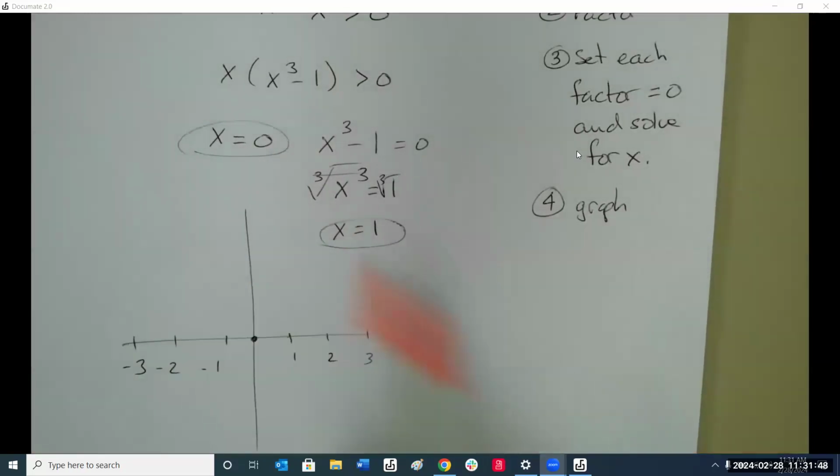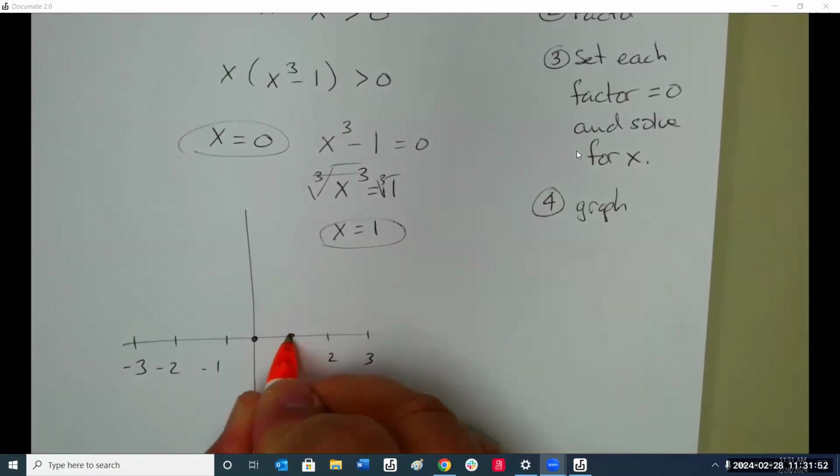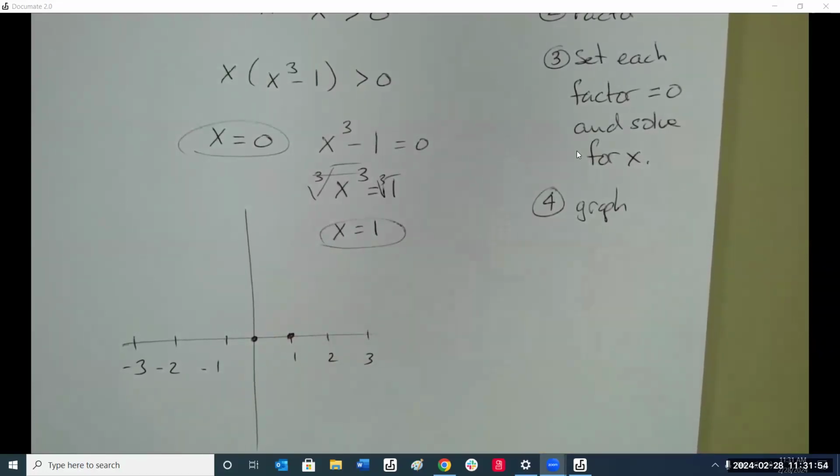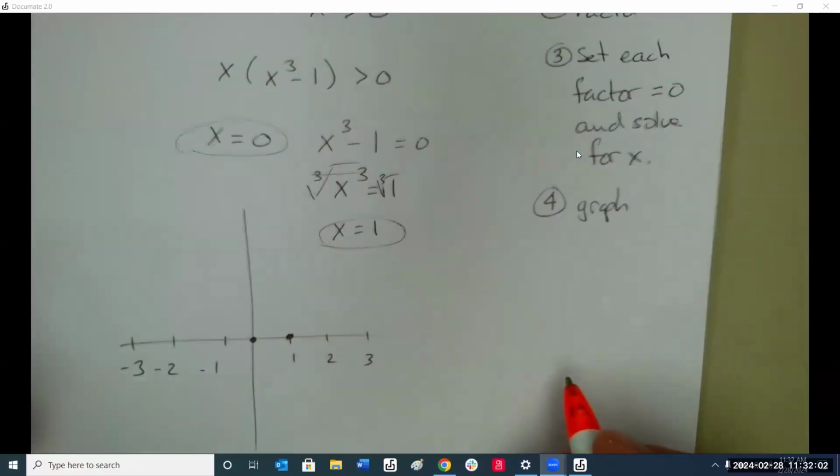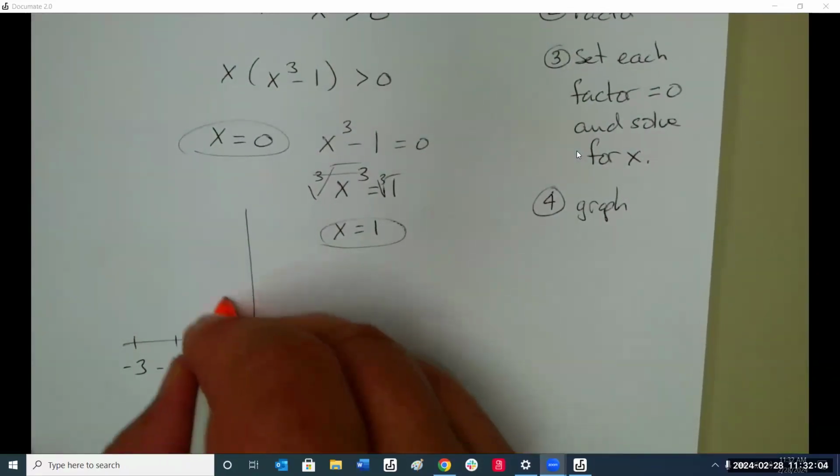And that's one of the factors. And then we have another one at 1. What's the degree of the equation? Yeah, the largest exponent is 4. So since it's an even, that means both ends point the same direction.